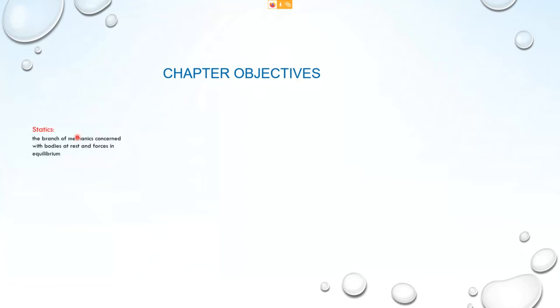Now, first thing is statics. Do you still remember what it means by statics or not? This is a branch of mechanics which is concerned with bodies or particles, bodies or components which are at rest. At rest means not moving. If it is moving, it must be moving at uniform speed or uniform velocity.